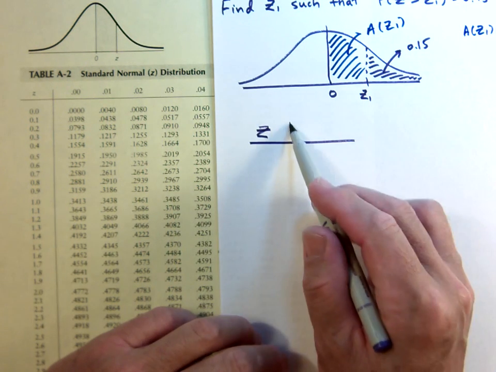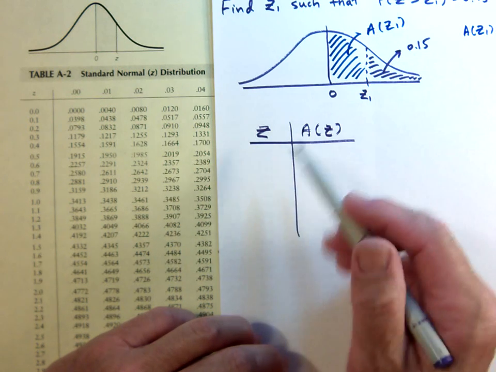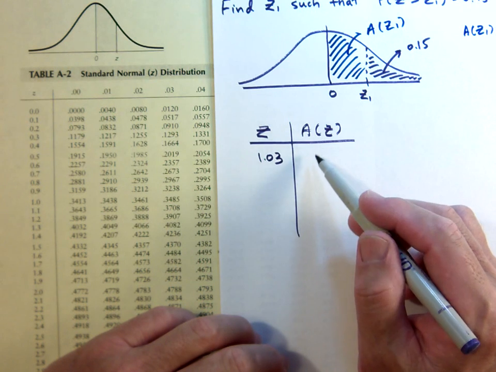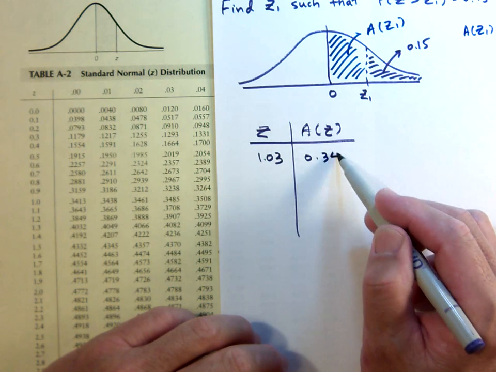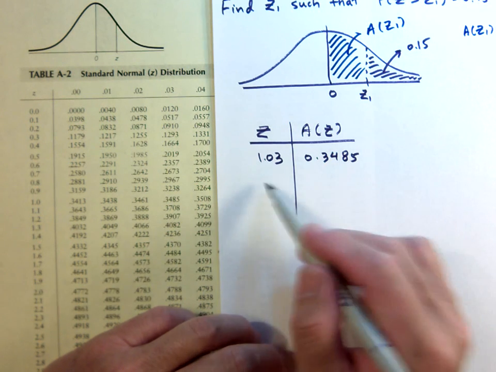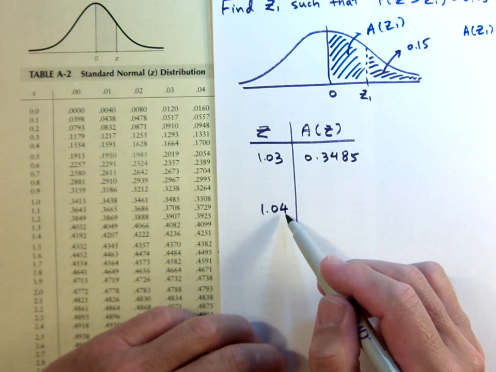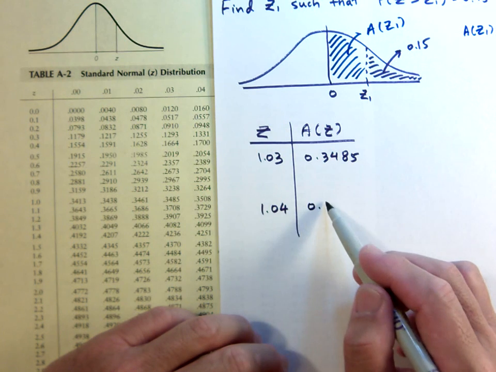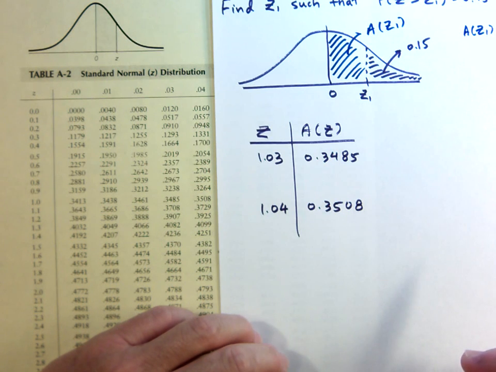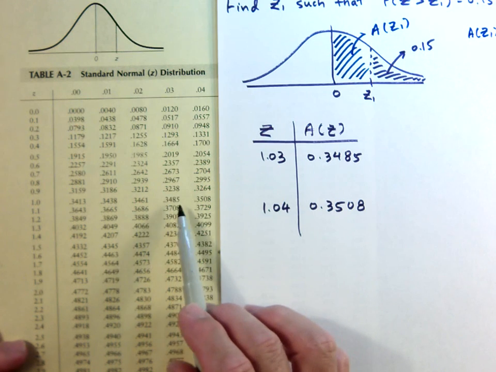I'm going to have a two-column table, z and A of z. When the z is 1.03, our A of z is 0.3485. I'm going to skip a space here, on purpose. And when our z goes to the next value, 1.04, it gives us 0.3508. Again, that's coming from these two p values.